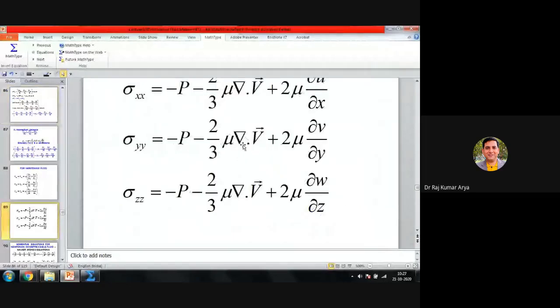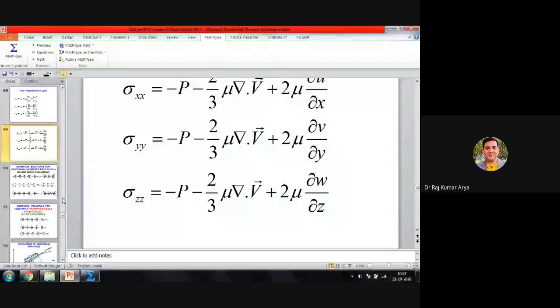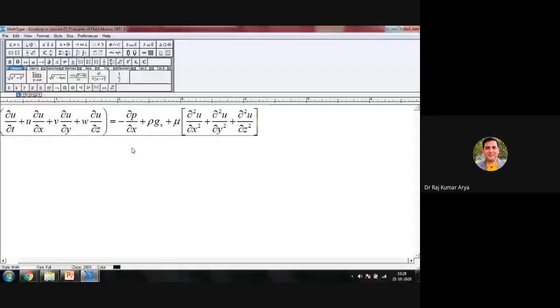From your continuity, you are getting del dot V vector equal to 0. Yes or no? So by putting that, you will get this equation back. We already got this term here.